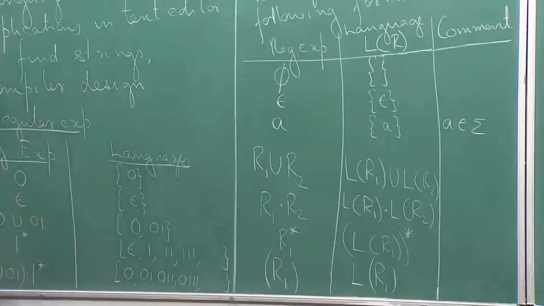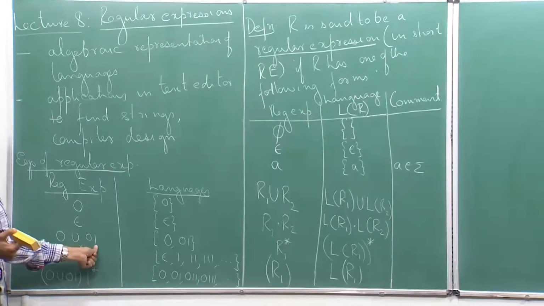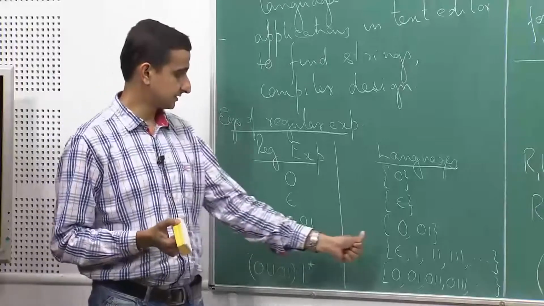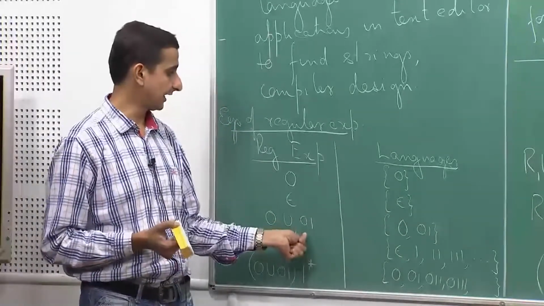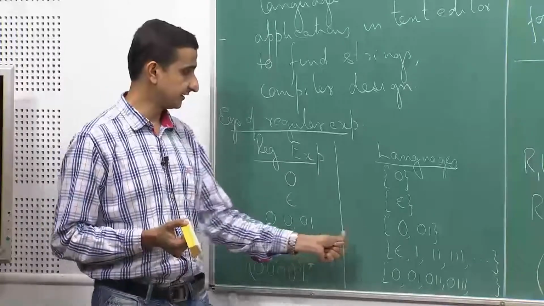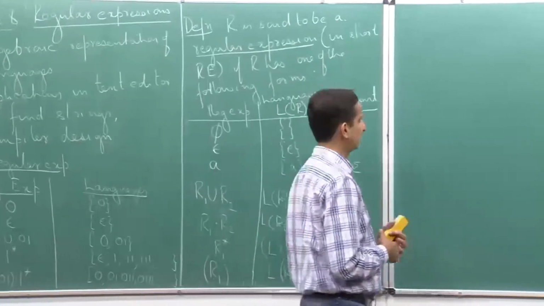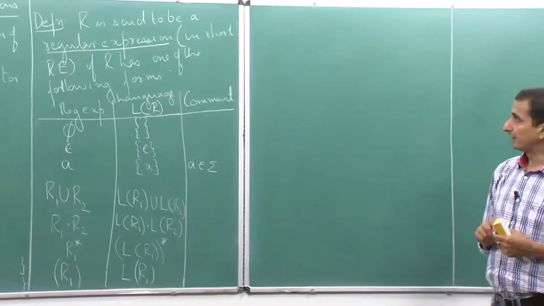For example, 0 union 0 1 consists of the language which has the string 0 union with the language which has the string 0 1, so 0 and 0 1. So this is the formal definition.